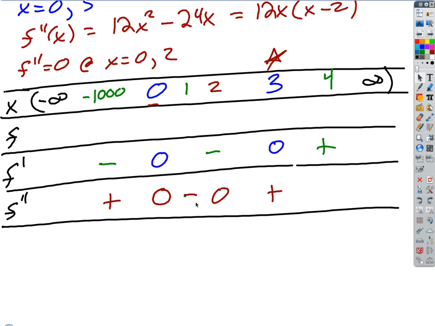We're in the second derivative row, so we don't care what the value is. All we care about is the behavior. To the left of this second derivative critical number, the concavity is always positive. Remember, changes in concavity.